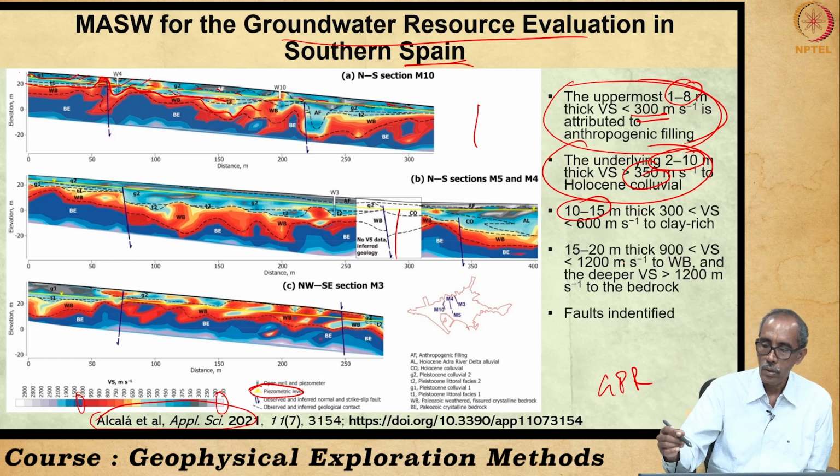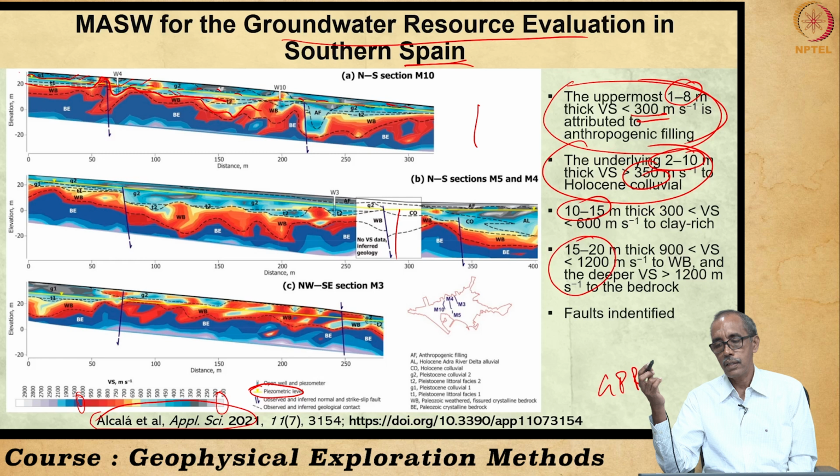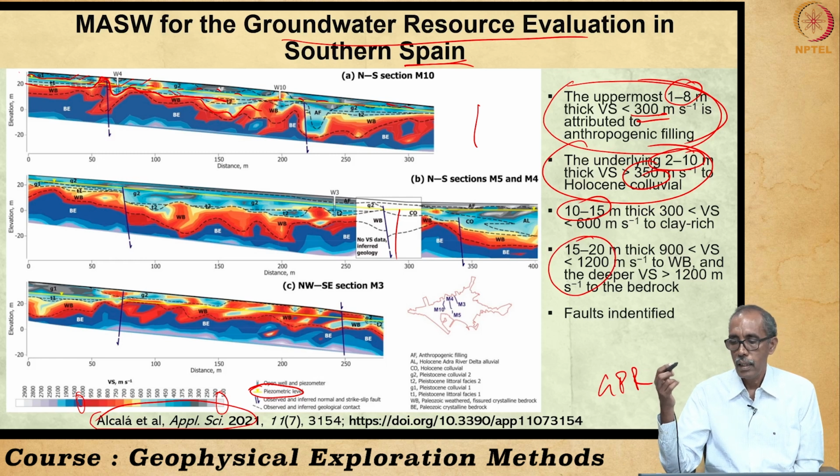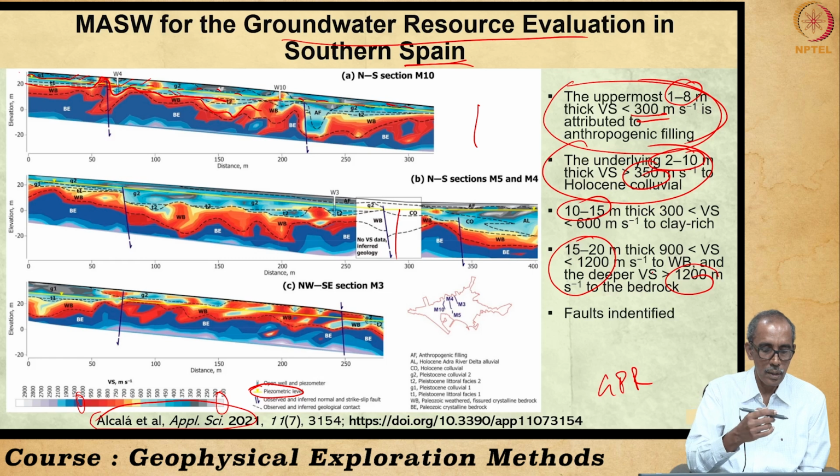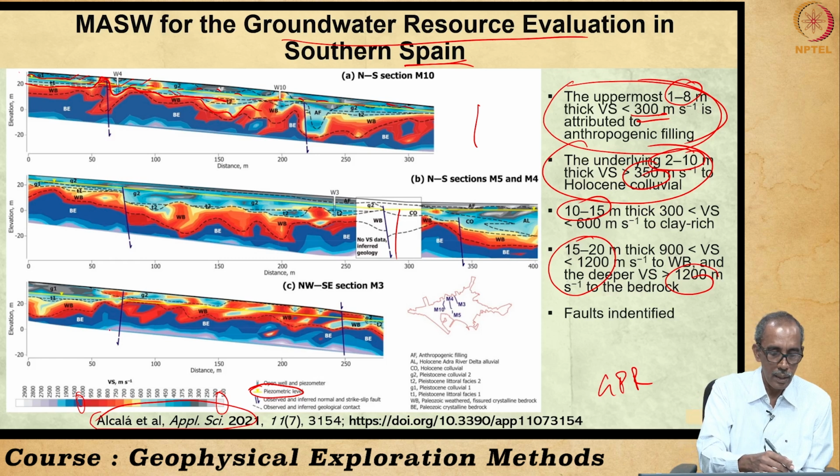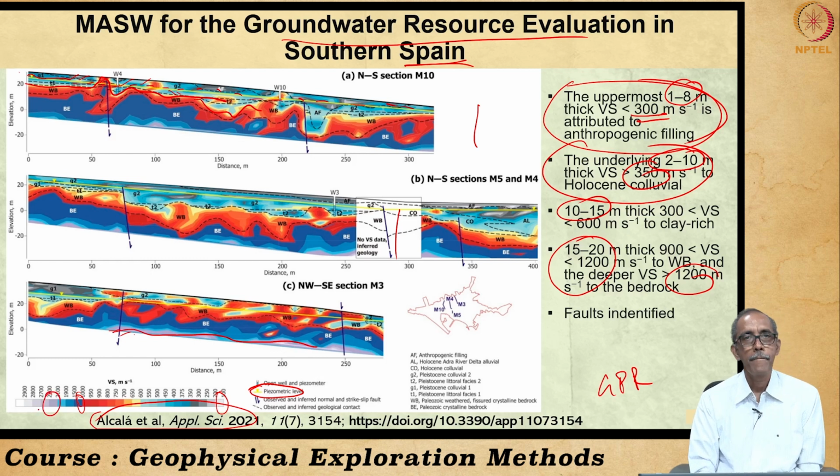And they had also found out the next layer where the velocity is much higher. Velocity is nearly 1000, that is 900 to 1200. The velocity varied 900 to 1000 and very deep velocity was greater than 1200. So, this is how, right, somewhere here this zone is very high velocity zone, almost of this color, right.